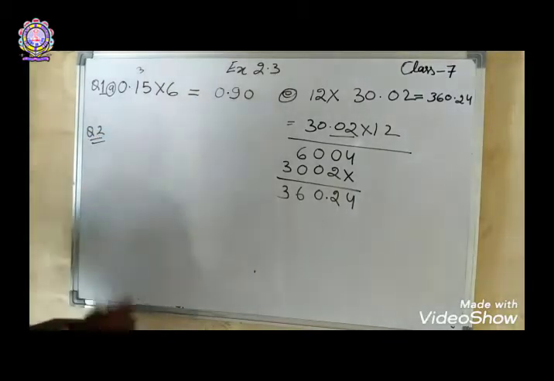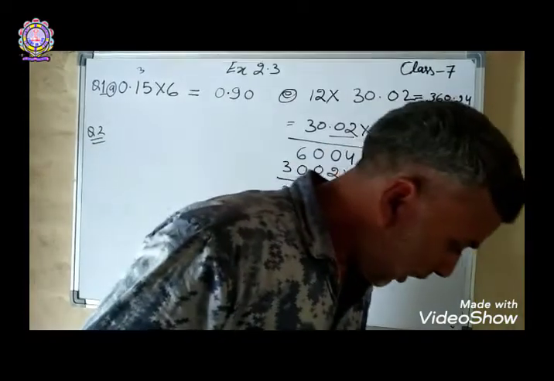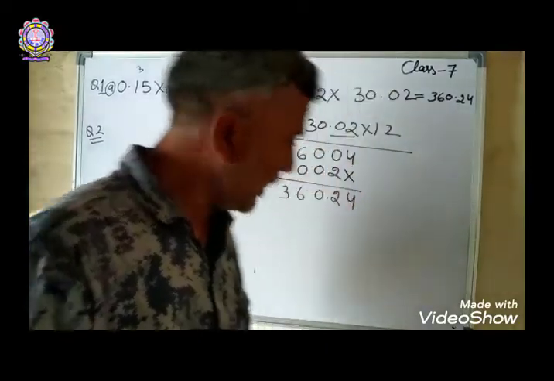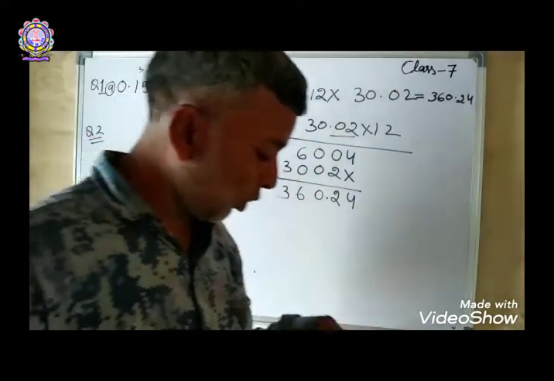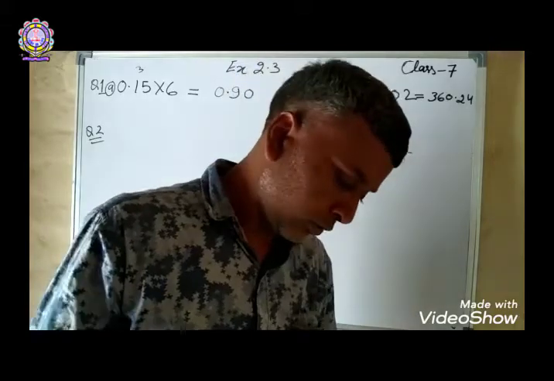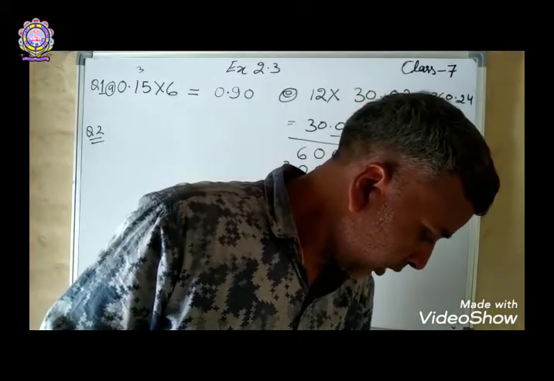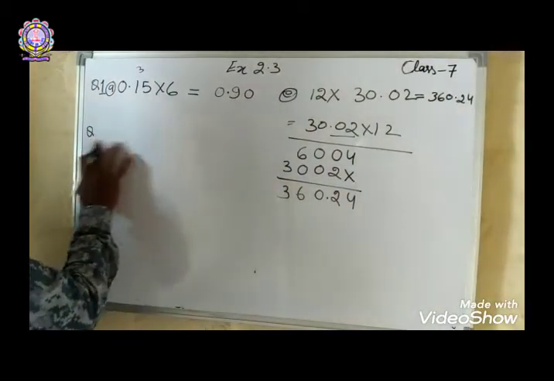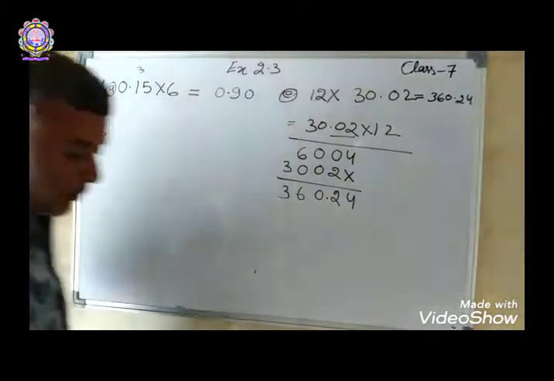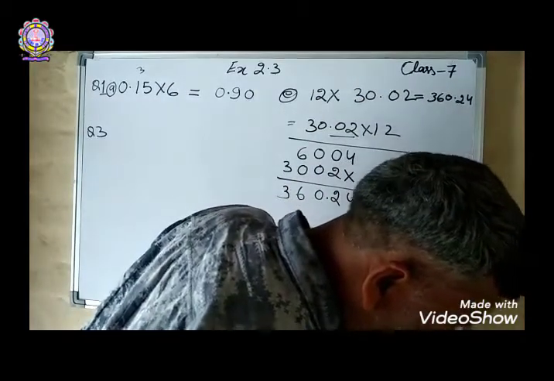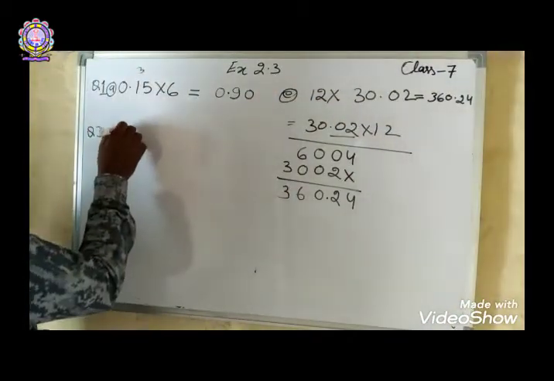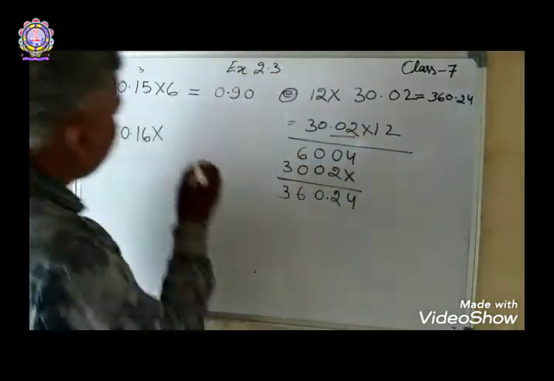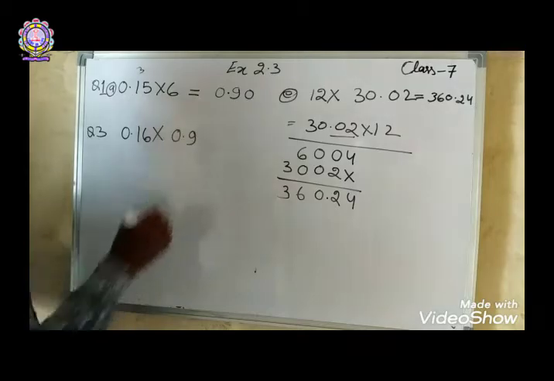Question number 2. Find the product of. It's easy. I explain it. Question number 2 is already in the first example, so you can do it. Question number 3. Both have the decimal. 0.16 multiplied by 0.9.